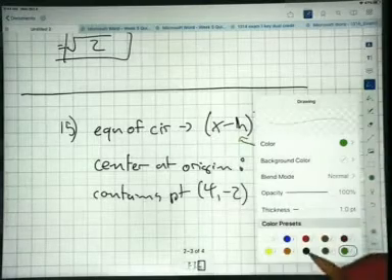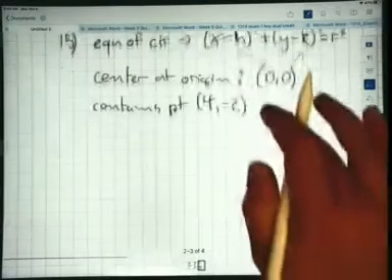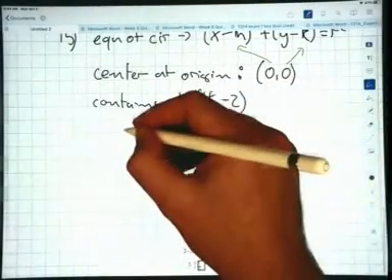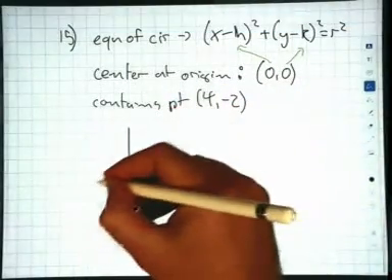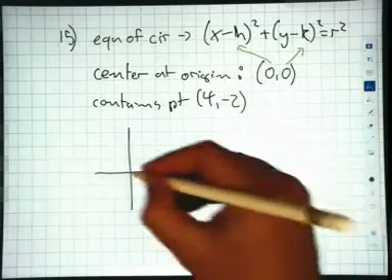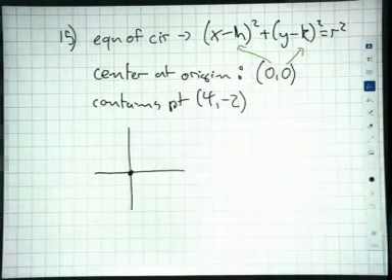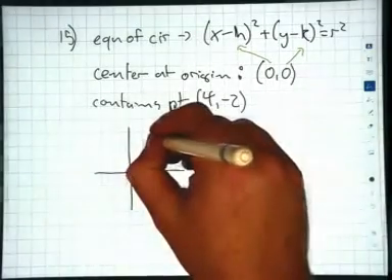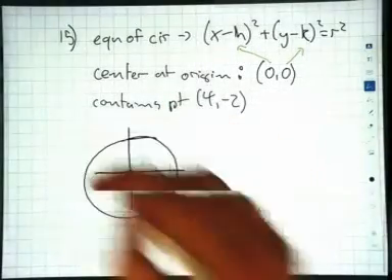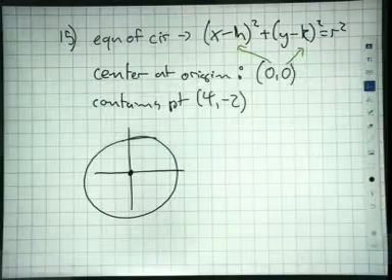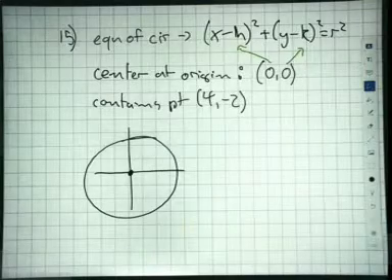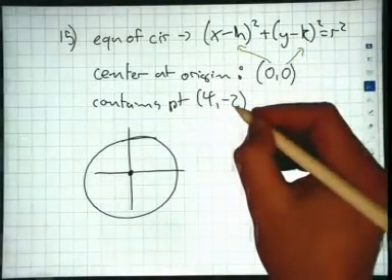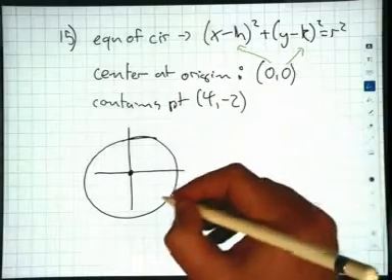Now just take a moment to picture this. Here's the origin, and we're dealing with a circle, right? So we know this is going to be a circle around the origin, and it says that it contains the point 4, -2.